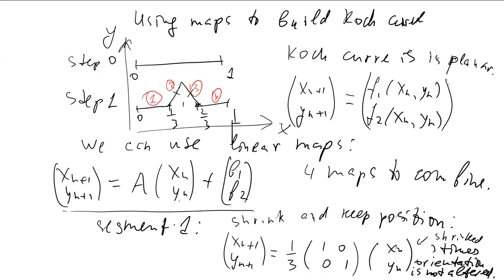Now what happens? It is rotated by 60 degrees. Yeah, this is an equilateral triangle. This is pi/3.